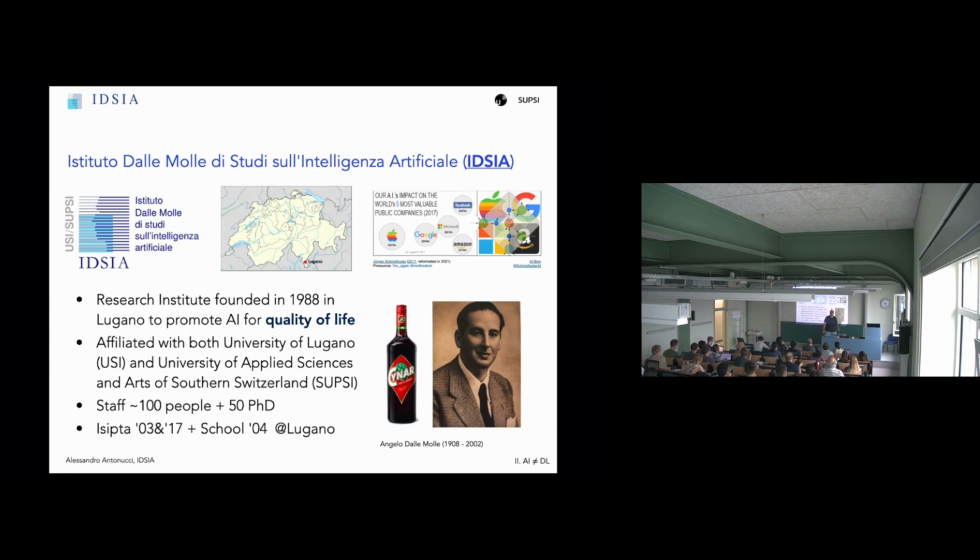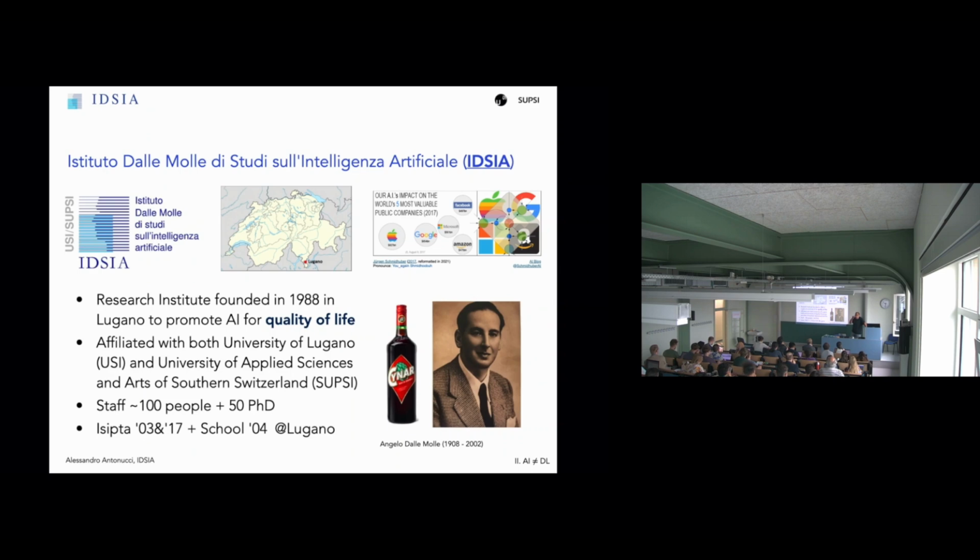This is the Italian-speaking part of Switzerland. And this research institute was founded a long time ago by this guy. And this bottle is here because the guy was not a scientist, but he invented this aperitif drink, and so it is kind of important for us. But this was a long time ago.